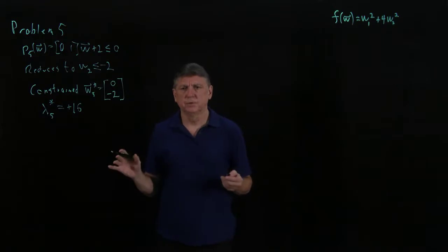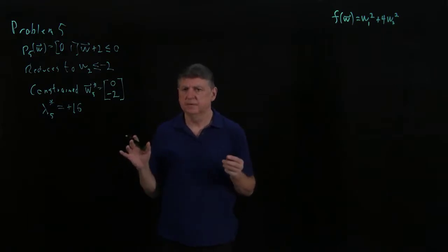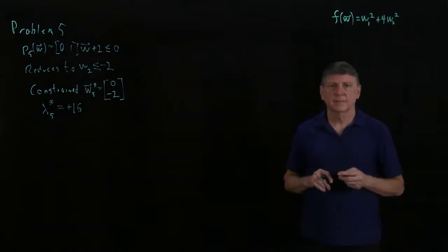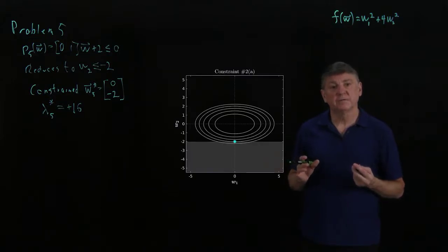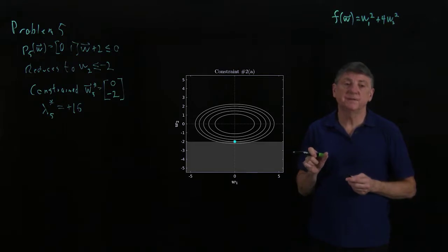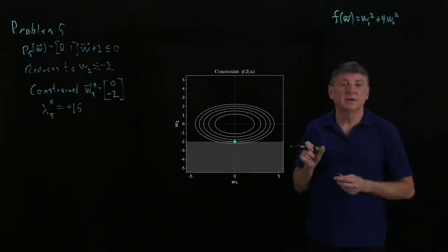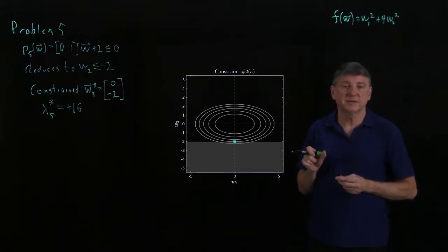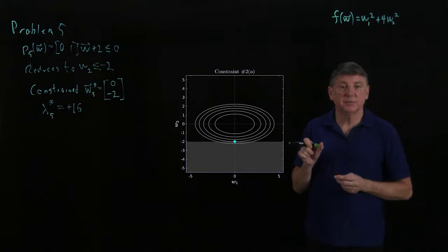Let's take a look at the geometry of this problem. When we generate a plot of this, what we see is that this shaded region is the feasible set, and if a point was an interior point of this feasible set, it wouldn't have a contour for the objective function that was as small as if it was the boundary.